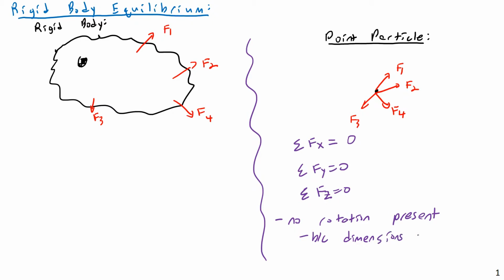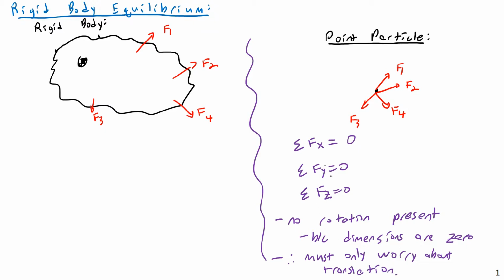Therefore, you cannot have rotation. So because dimensions are 0, no rotations are present. Therefore, you only have to worry about translation. In this context, that means translational equilibrium.